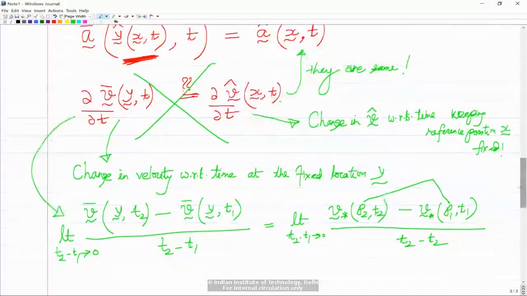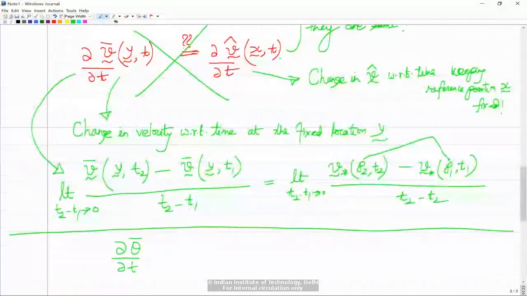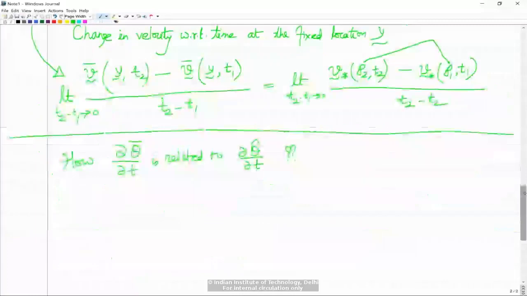So we can ask this general question: how is del theta bar by del t related to del theta hat by del t? Let's try to explore that.